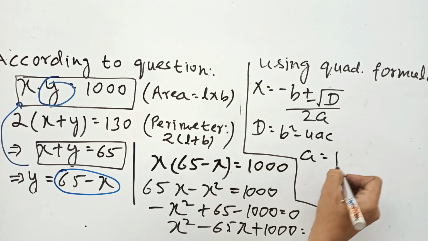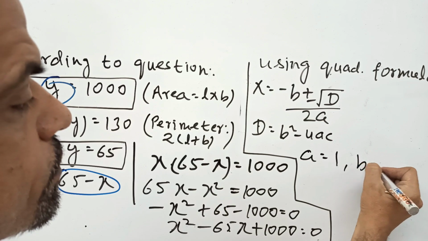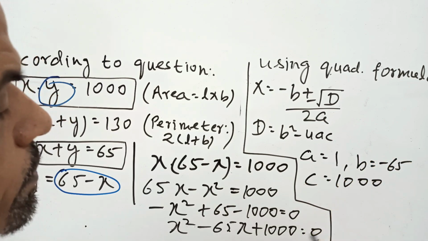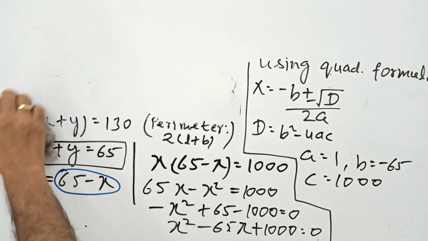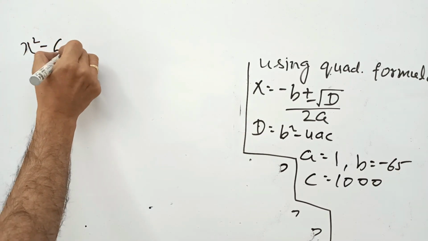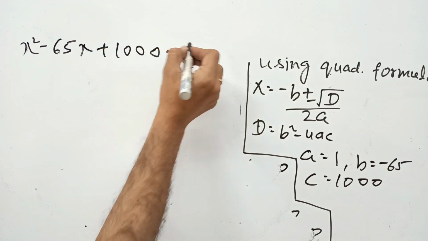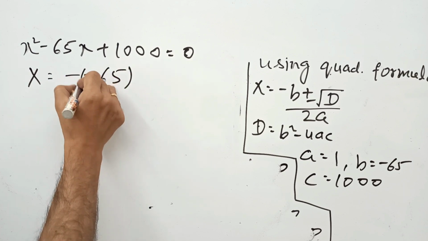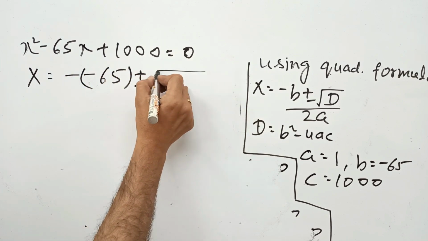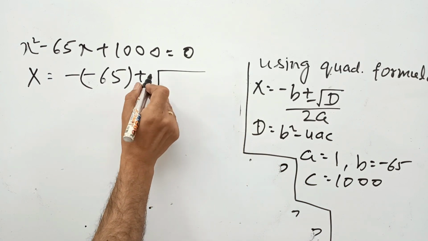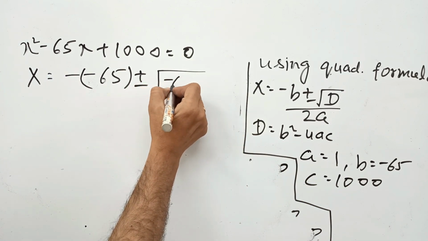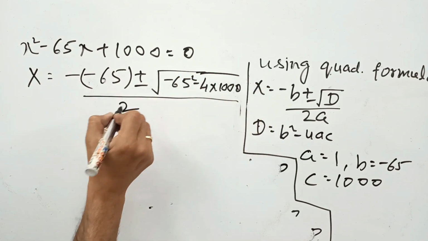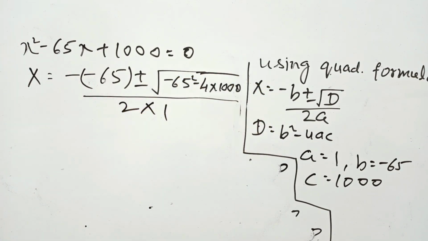So a, the coefficient of x square, is 1, b is equal to minus 65 and c is equal to 1000. Now I am solving here. You can pause the video and note down. Minus b means minus of minus 65, plus minus the square root of discriminant b square minus 4ac, upon 2a, means 2 into 1.